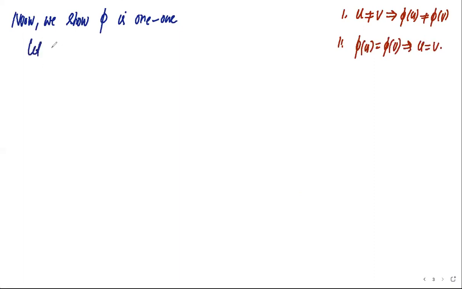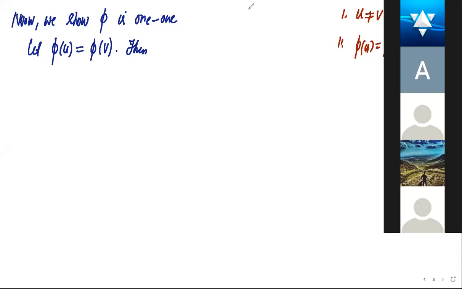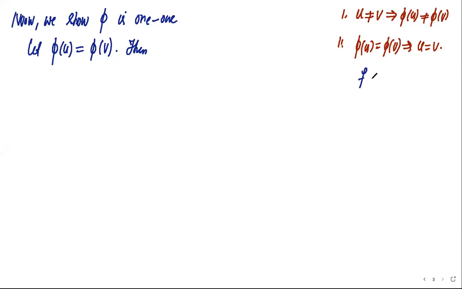So let phi of u be equal to phi of v, and u and v we have already defined. Then we show 1-1, sorry, we don't show onto this way. Let's see how we will show onto. If we have any function f from X into Y, then to show onto we will choose y belonging to Y, then there exists x belonging to X such that f of x is equal to y.